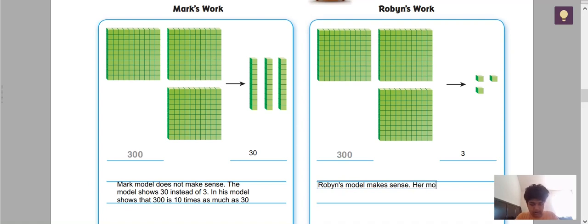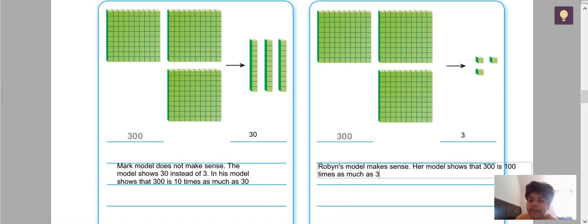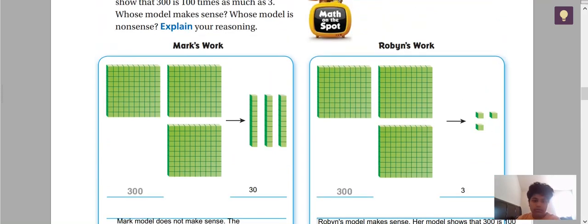Her model shows that 300 is 100 times as much as 3. So if you got the answer correct, good job. Now tell me one thing. Whoever chose Mark's model, why did you choose Mark's model and not Robin's? Because Robin's work is correct. Because 3 times 100 is 300, and if we do 30 times 100, that is not 300. That's 3,000.